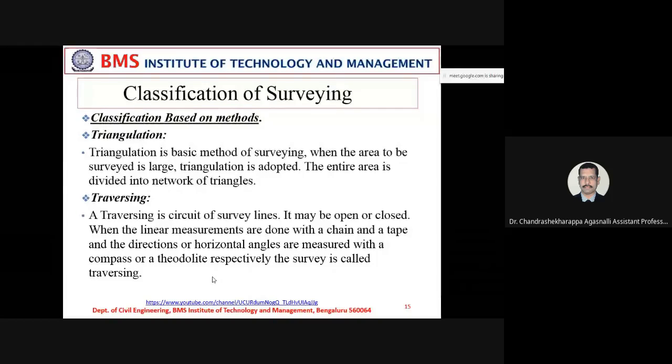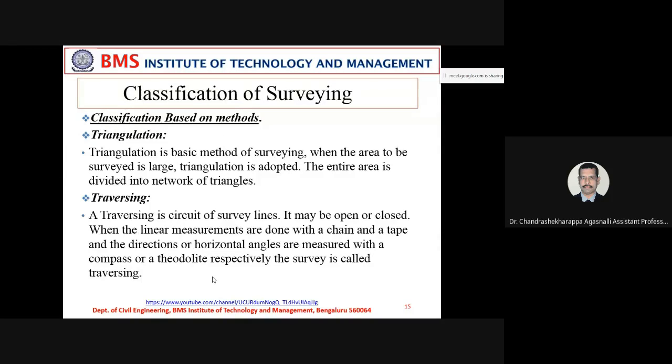And traverse survey means traversing is a circuit of survey lines. It may be open or closed. Linear measurements are done with a chain or a tape, and directions or horizontal angles are measured with a compass. So if you want to survey from Yelahanka to BMSIT college, a road survey, you have to do traversing, right?